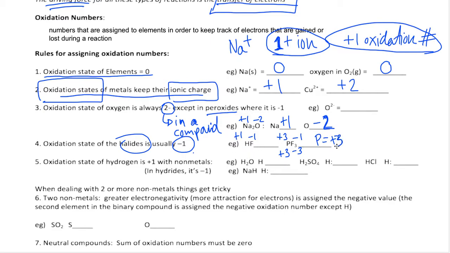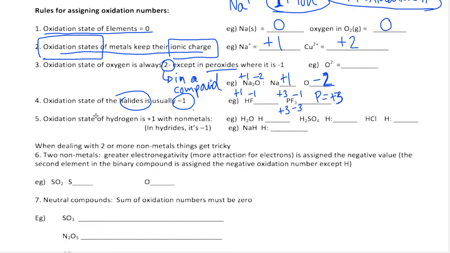Okay. And then we go down a little bit further. We said the oxidation state of hydrogen is +1 when it's with nonmetals. So here the H is a +1. Here the H is also a +1 because the oxygen was -2. For the sulfur, you have a -2 times 4, which is -8. Here you have a +1 times 2, which is +2.